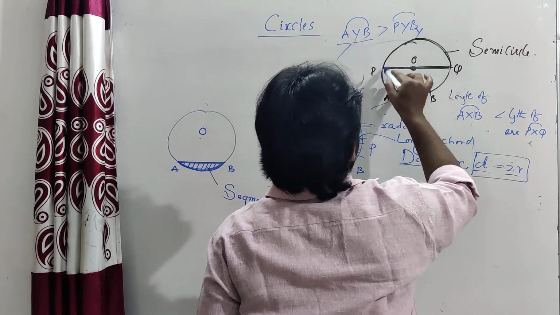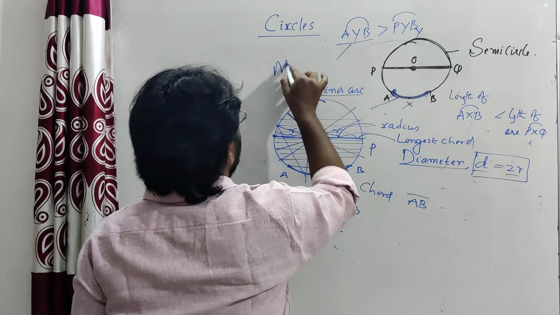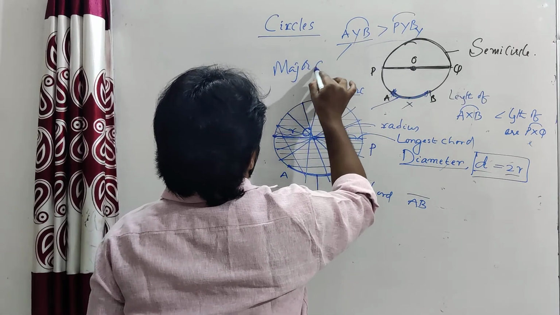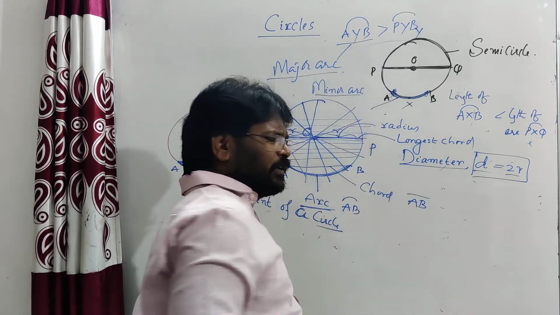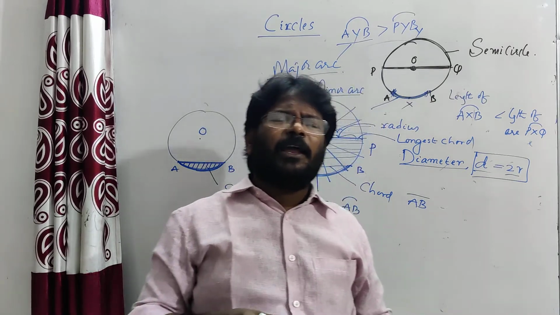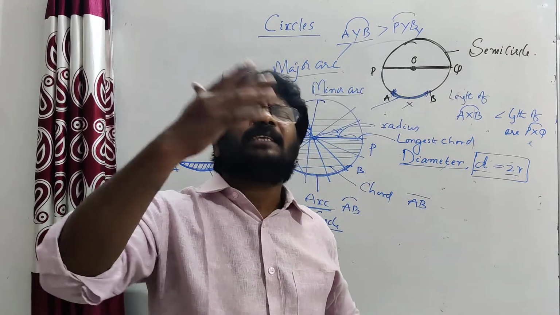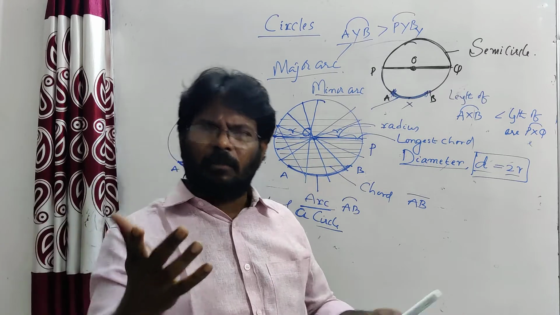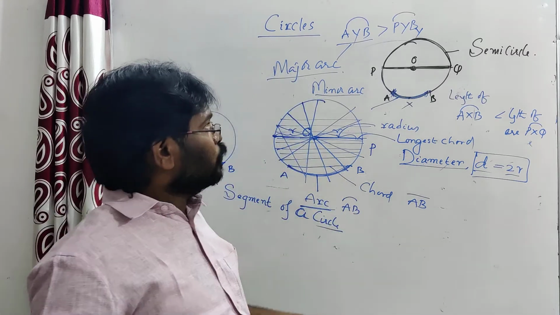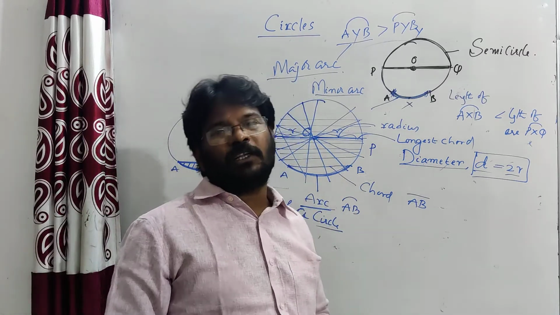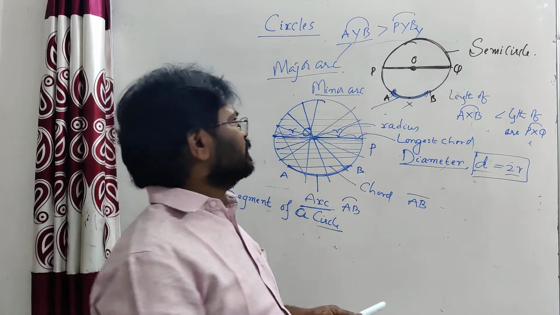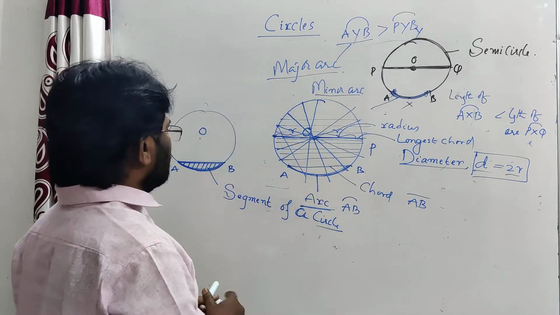So this arc is known as major arc. Simple definition, minor and major. An arc whose length is less than a semicircle, half of the circle, is minor. An arc whose length is greater than half of the circle is known as major arc. That's it. So here, major and minor.